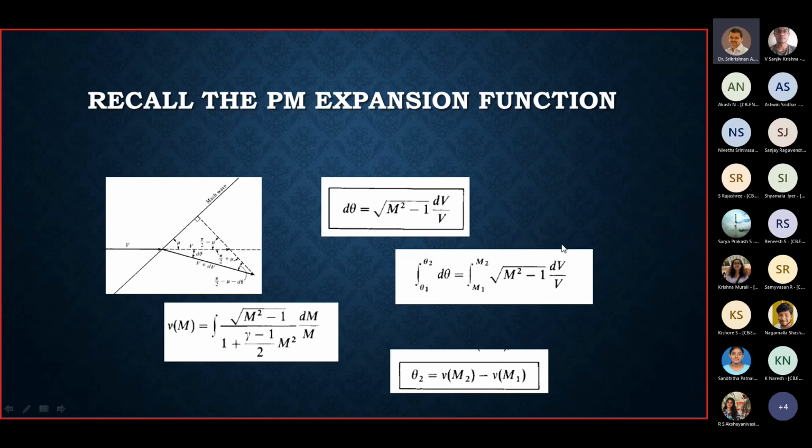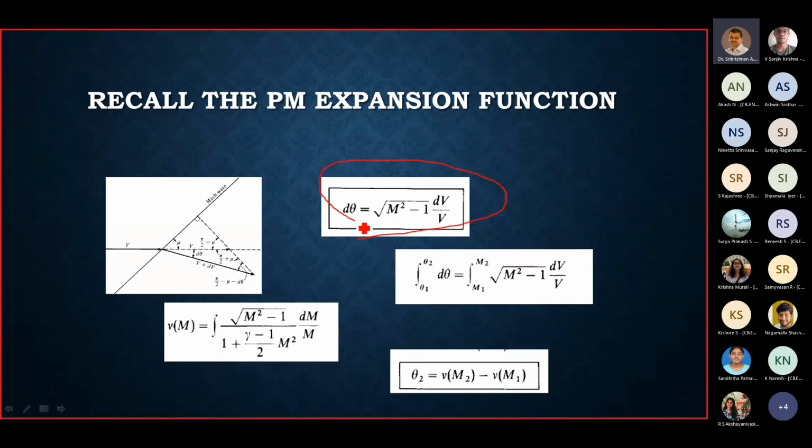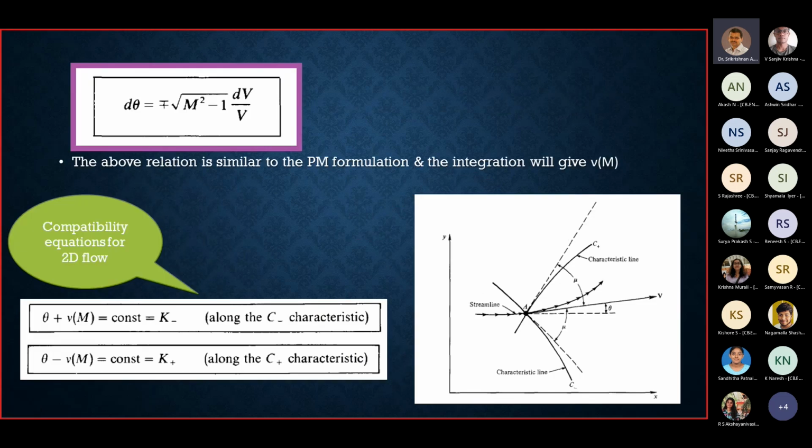So now we see that the functional relation that we get from the Mach line, also from the method of characteristics, boils down to a form like d theta is equal to square root of M squared minus 1 into dV by V, which in turn means that if we integrate it, we can get the Prandtl-Meyer function. So the Prandtl-Meyer function is derived for a series of Mach lines along an expansion process, and the d theta formulation shows that they are identical.